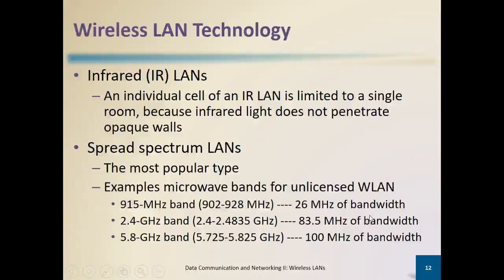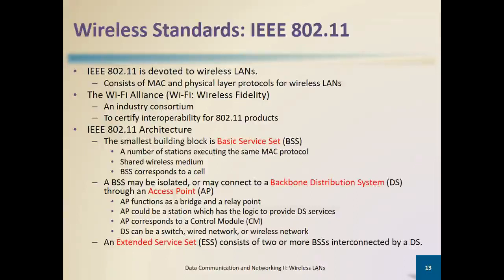The Wi-Fi Alliance, which is your wireless fidelity, is another industry consortium that helps with their particular standard. So we're looking at various standards that go with wireless implementation, and the general standard falls under the IEEE 802.11.